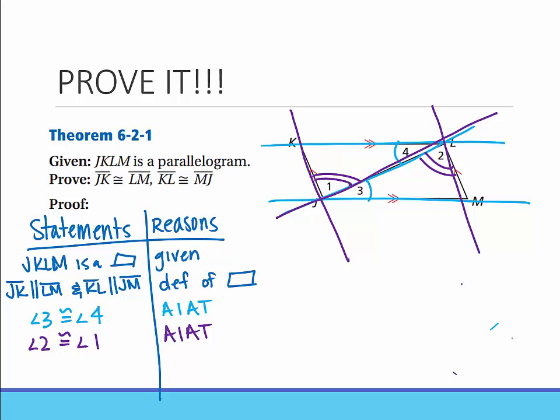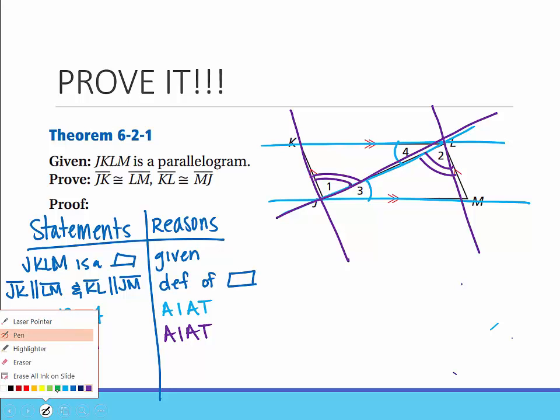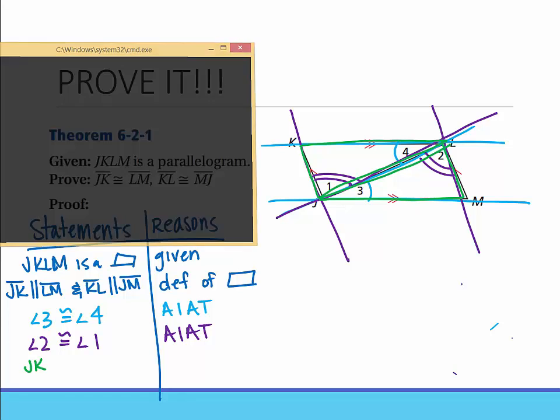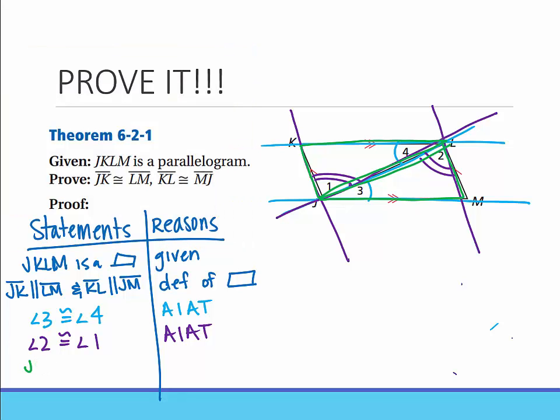So then we can look at this as one of our triangle proofs. This right here is a triangle, and the one down here is a triangle. Remember what I said, if they have a side that overlaps, we're going to have to use the reflexive property. So I know that JL has to be congruent to JL, this one right in the middle.